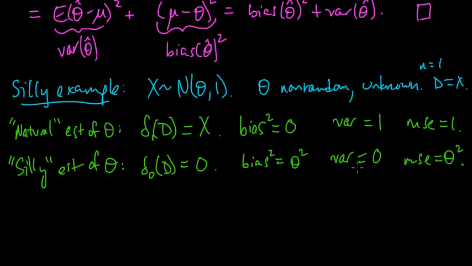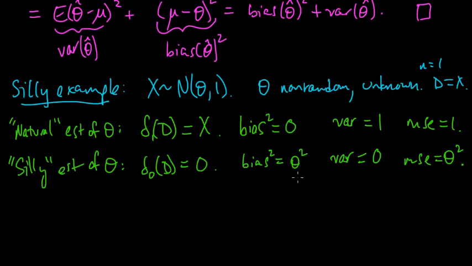So I wanted to give you this little example because here the bias was 0. This was an unbiased estimate, but we did get some variance. Whereas in the silly example, we could always just drive the variance down to 0, have no variance, but then we incur a pretty hefty potential bias.